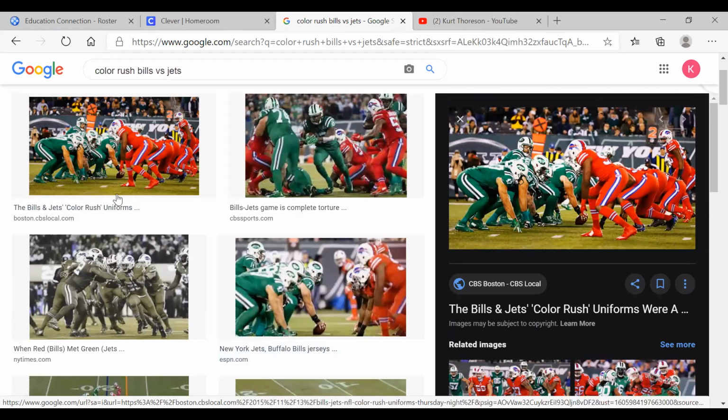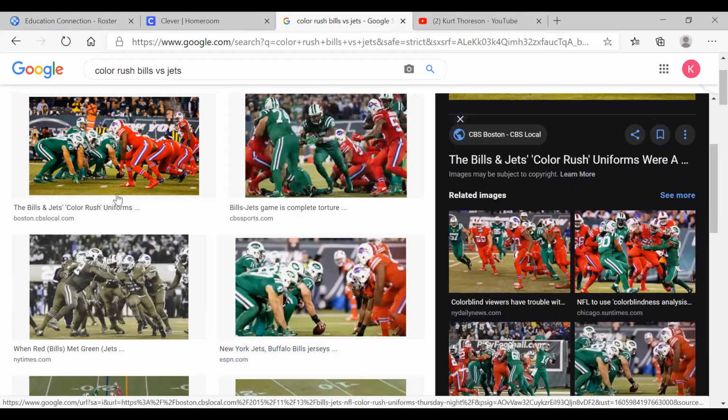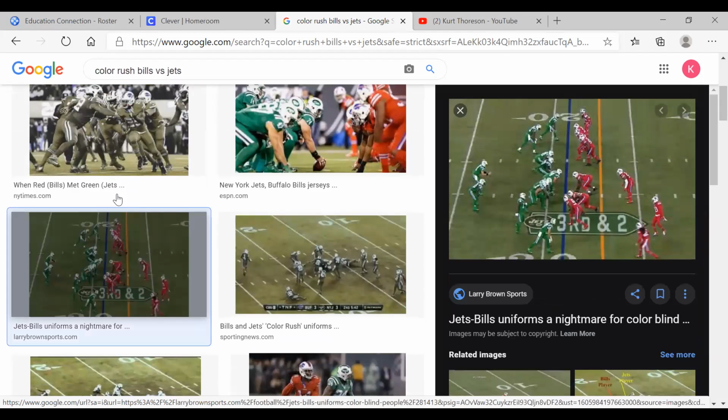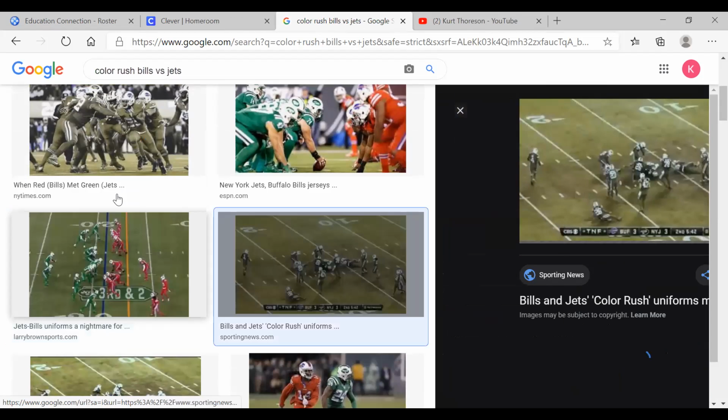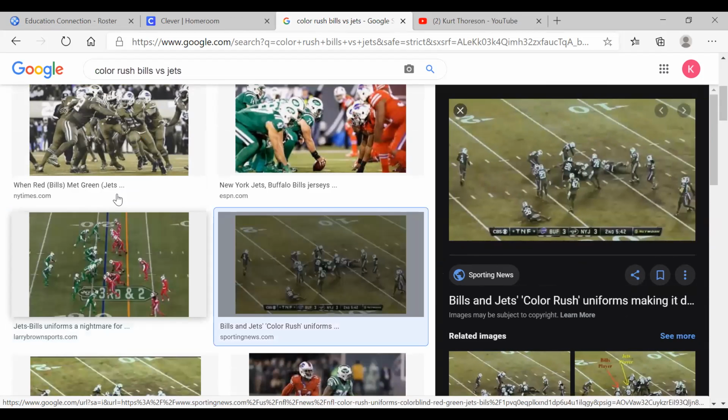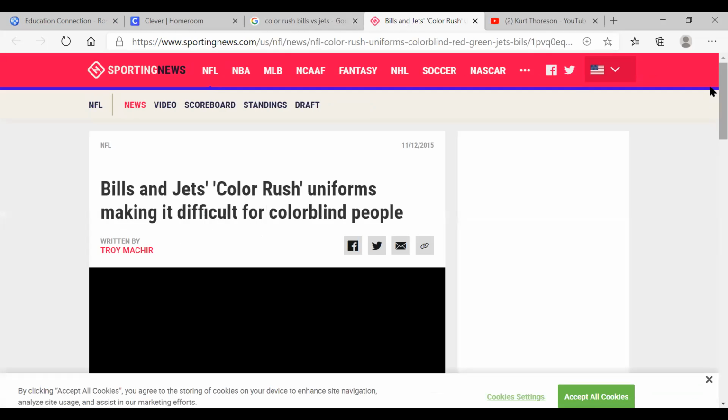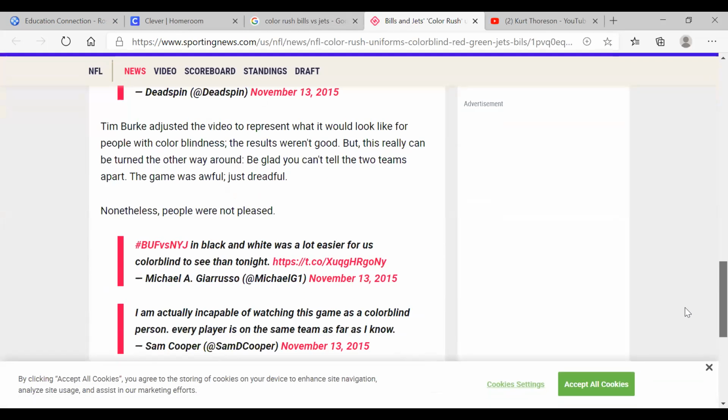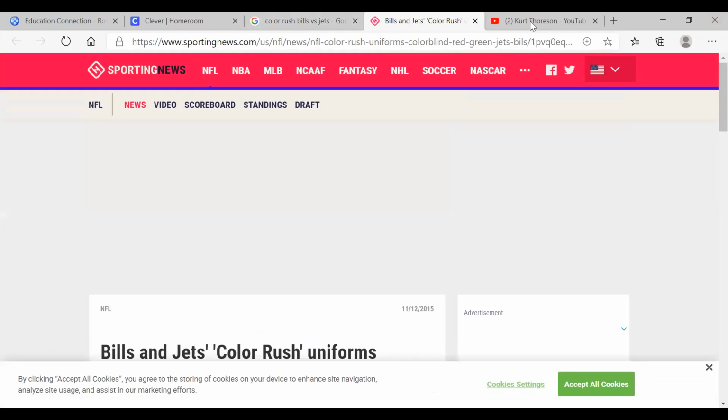Well, you guys can see for yourself. I can't make the image any bigger. So here's what people at home would see. And then here's what colorblind people saw. Basically, they saw a gray field with 22 guys wearing gray uniforms, and they couldn't tell the difference.